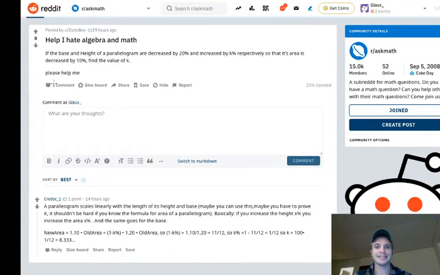So the first thing is we've got to recall that the area of a parallelogram is base times height. And we're told that the area of the parallelogram decreased by 10%. So if you start off with 100% and you decrease by 10%, you're left with 90%.